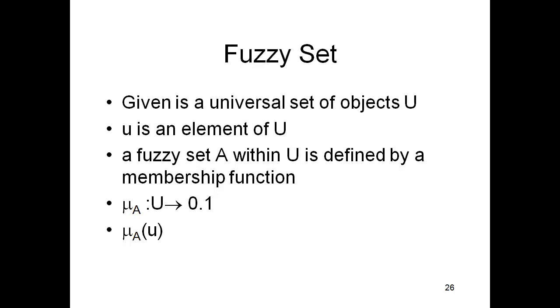Each of the hotels in our universe, Paris maybe, has a cheap hotel function value between 0 and 1. Right? Some hotels are not in this set. The 5-star hotels are not in this set, and the 1 or 0-star hotels would be in this set with a high value. And the 2 stars will have a lower value.